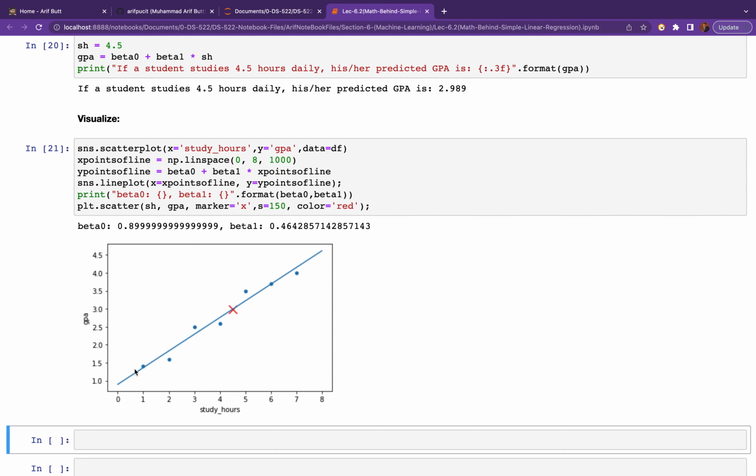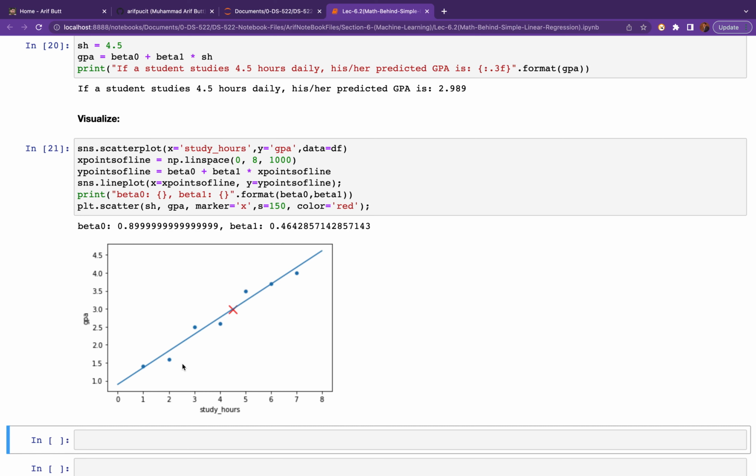It is positive, so it says that for every study hour value of the input, the GPA value increases by 0.46 times the x value. And of course, we need to add the y-intercept to this. I think the interpretation of beta naught and beta 1 is crystal clear to you all, at least for our simple linear regression case.